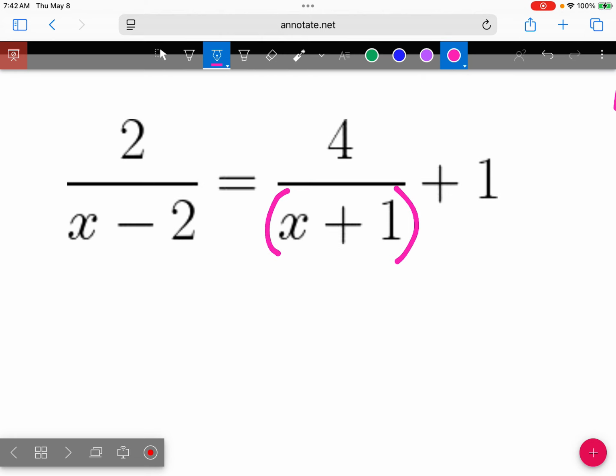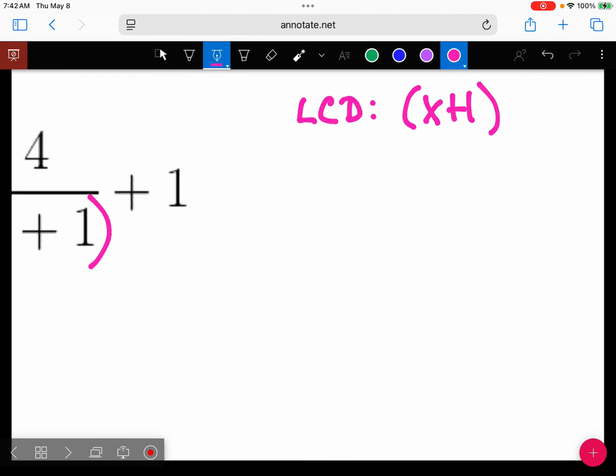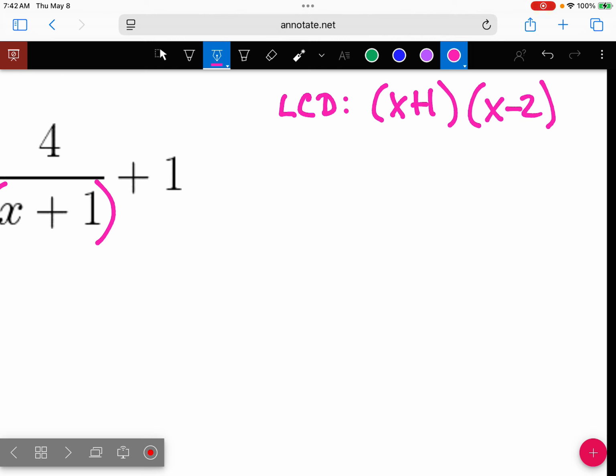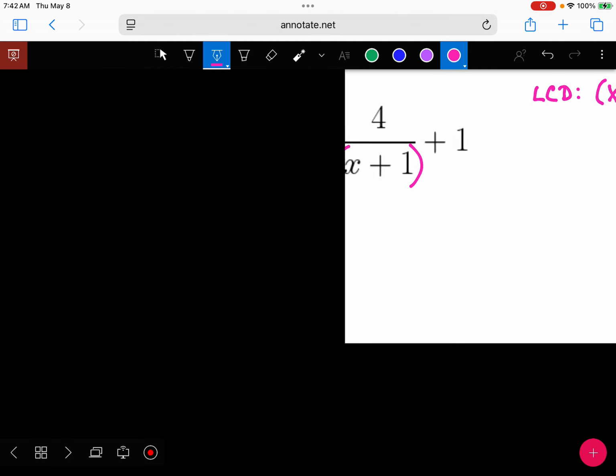What else? And the x minus 2. So to do our solving here, our very first step means I need to take my least common denominator and multiply all the terms by it.